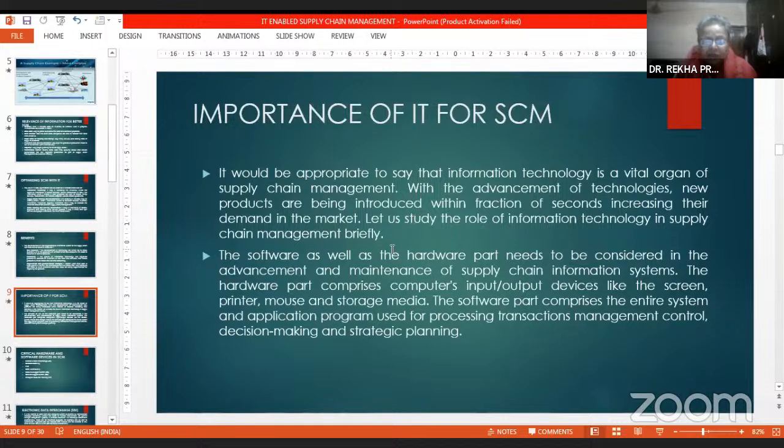So both software as well as hardware need to be considered in the advancement and maintenance of supply chain information systems. The hardware part comprises computers, input output devices like the screen, printer, mouse, and storage media. The software part comprises the entire system and application programs used for processing transactions, management control, decision making, and strategic planning.